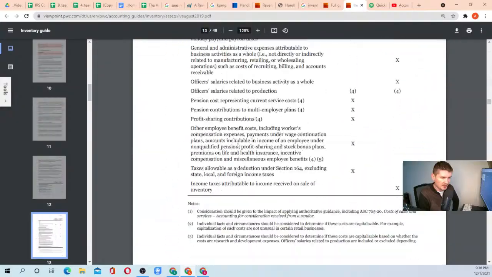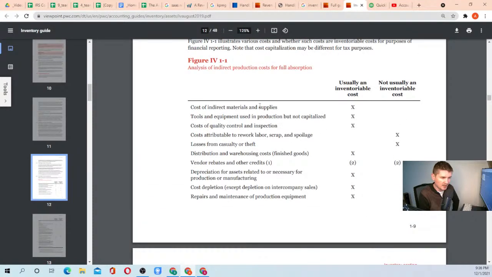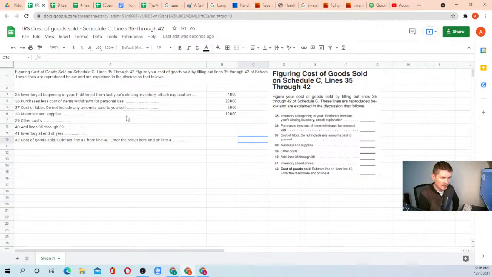So if you scroll down: utilities, rent, cost of indirect materials, equipment capitalized, labor, and so on. Let's see, does IRS have an equipment capitalized? It has other costs, but I would say that depreciation should also be capitalized here, unless... I will retract this statement.